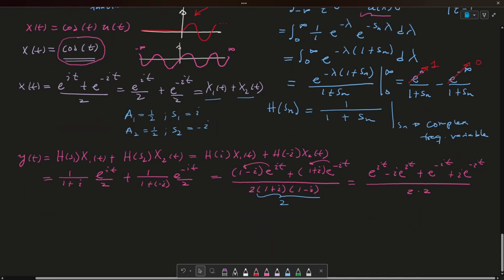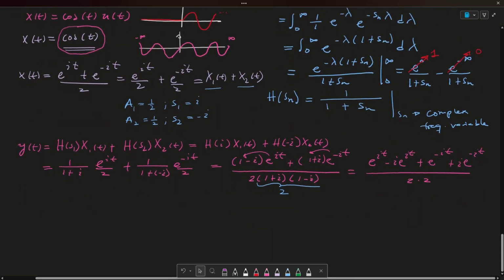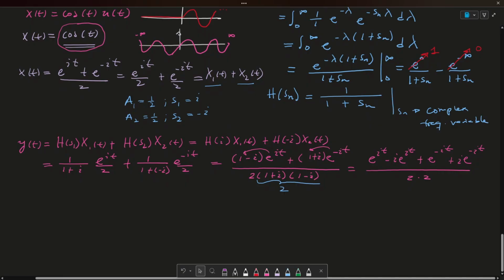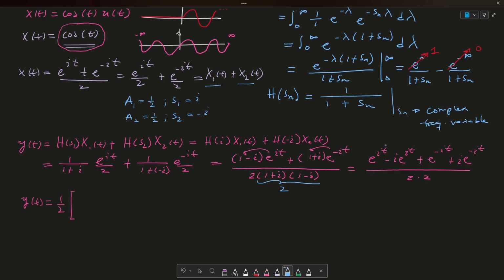But what I'm going to do is leave the graphs for x equals cosine on the page. What you're going to notice is that we get a y of t equated to 1/2 times, let me write this term plus this term here first.